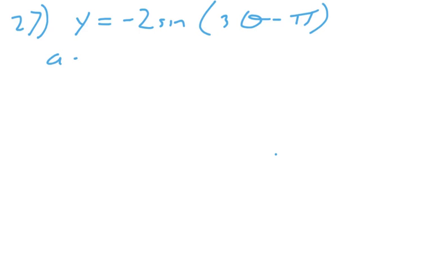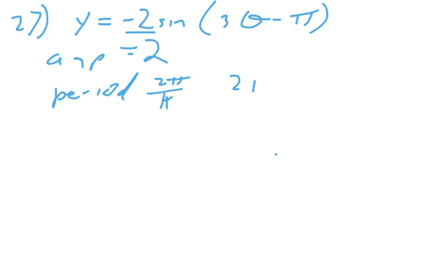So the amplitude for this problem is equal to 2, because we always take the absolute value of what comes first. We then take the period, which is 2 pi divided by k, which in this case k is equal to 3, and so the period is 2 pi over 3.